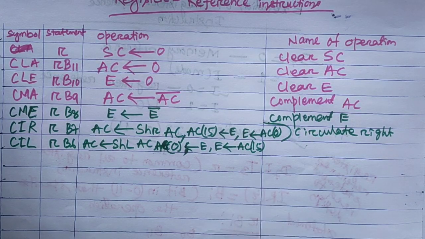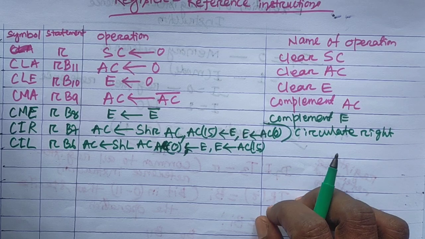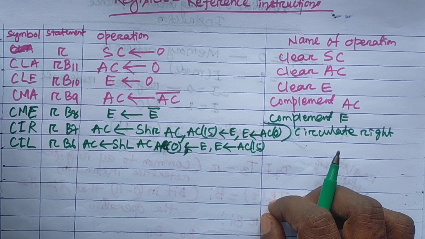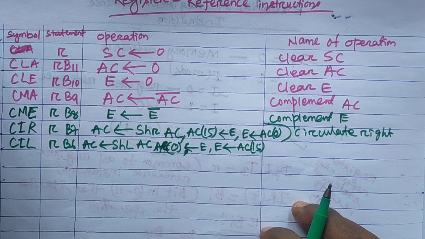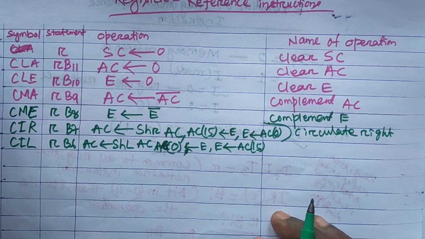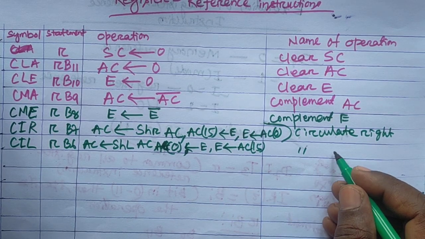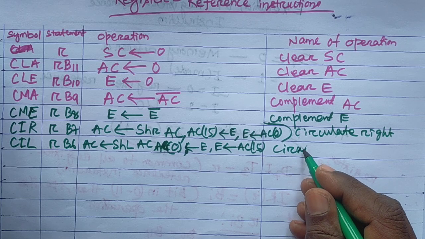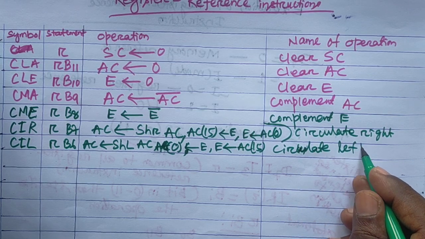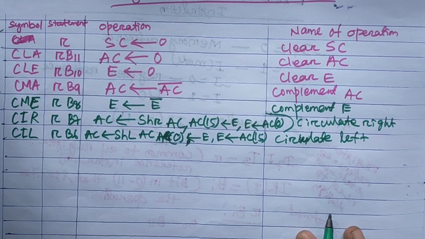Left, right, right, left, just the reverse part. You have already seen the most significant bit and least significant bit; they just change if we go through left to right or right to left, or any kind of shift operation. We consider that here too. Then circulate left.